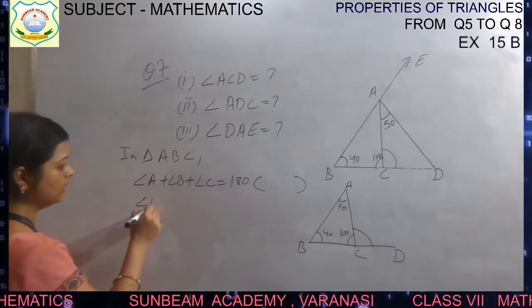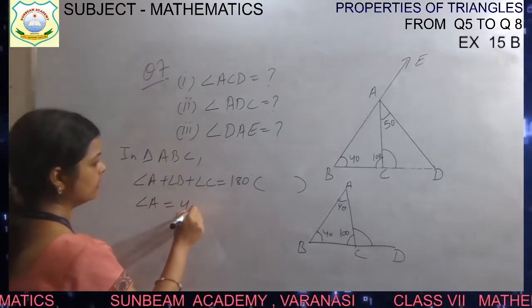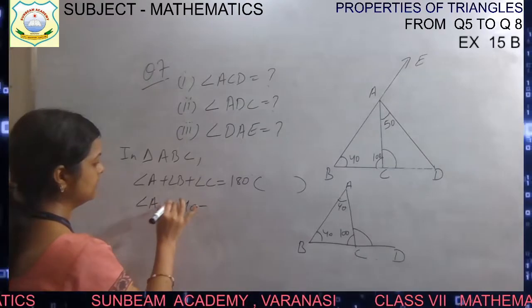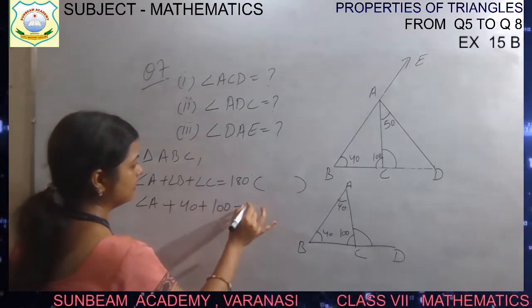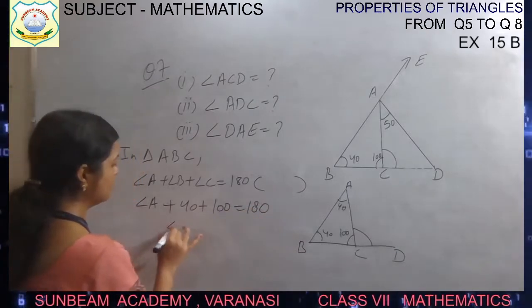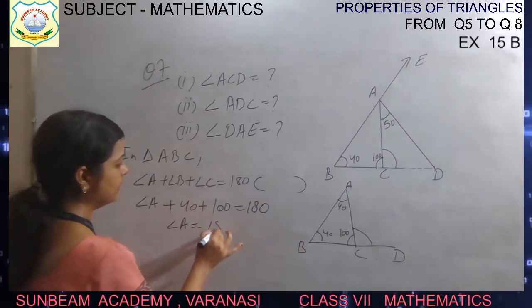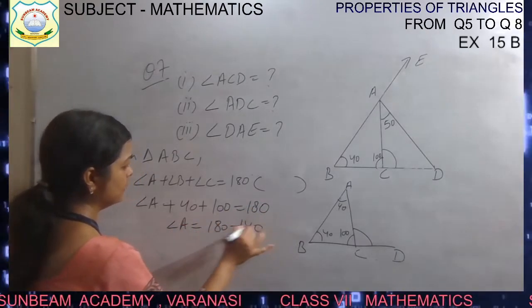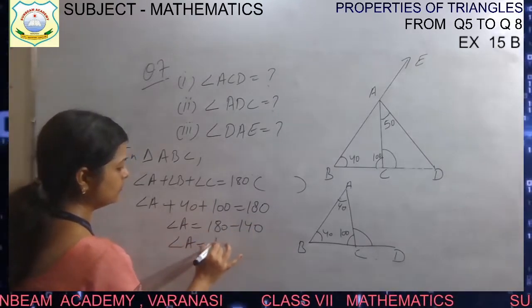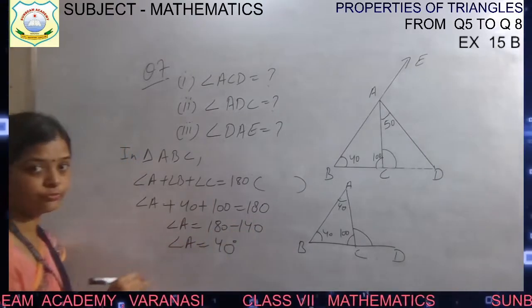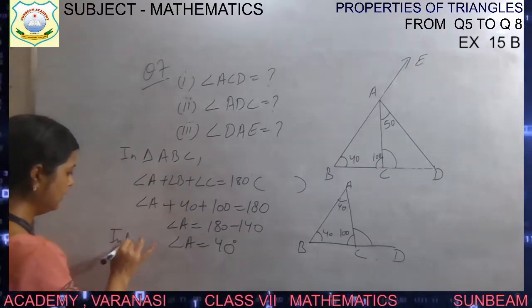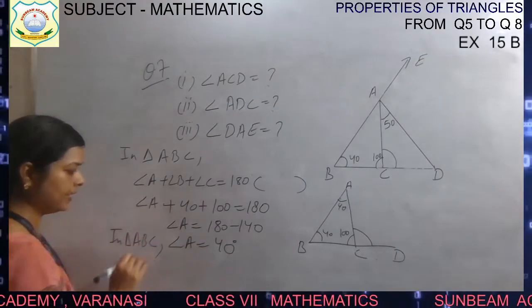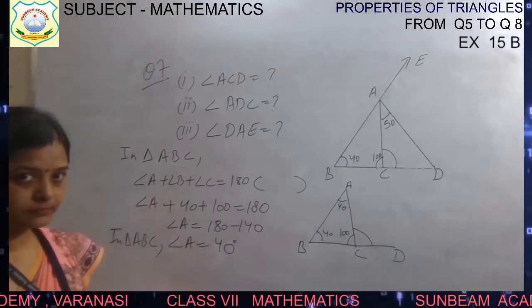Angle A हमें नहीं पता, angle B is 40 degree plus beta angle A is 40 degree plus angle C is 100 degree, that is equal to 180. So angle A is equal to 180 minus 140, that is angle A is equal to 40 degree. First you find this in triangle ABC, angle A is 40 degree.